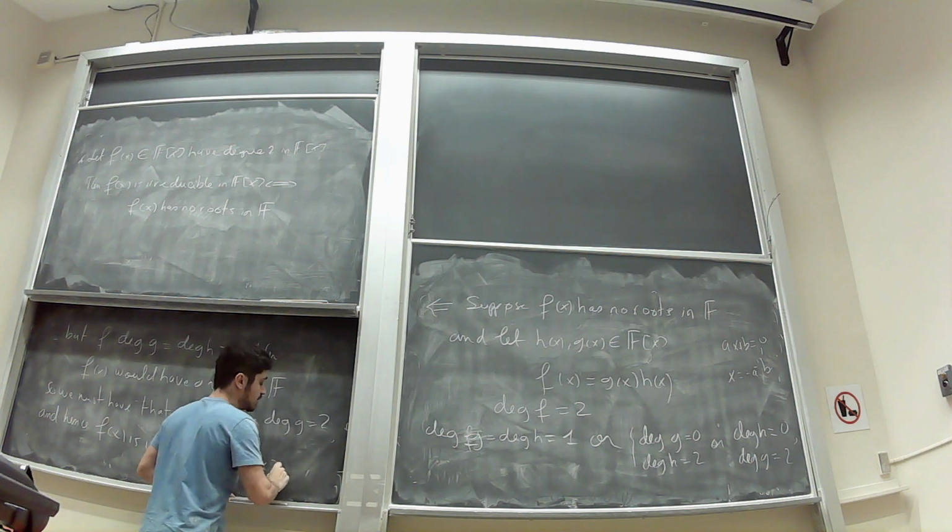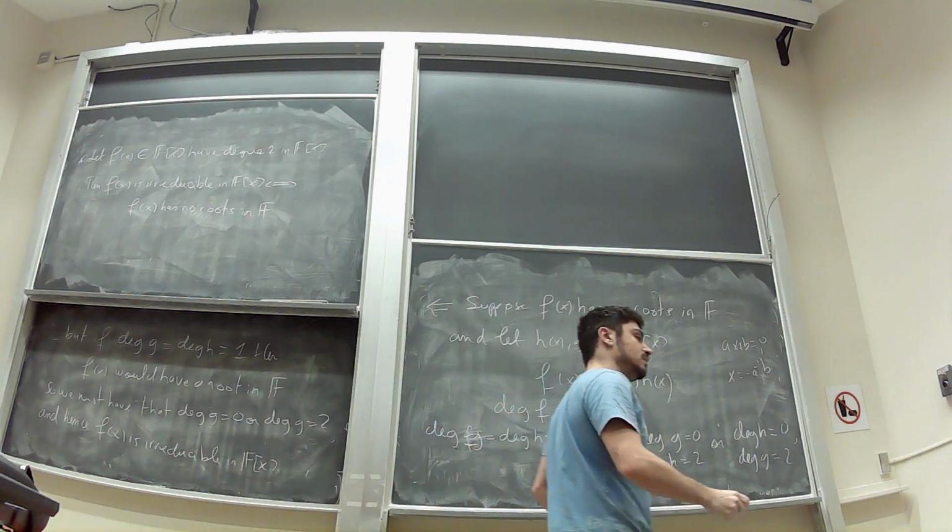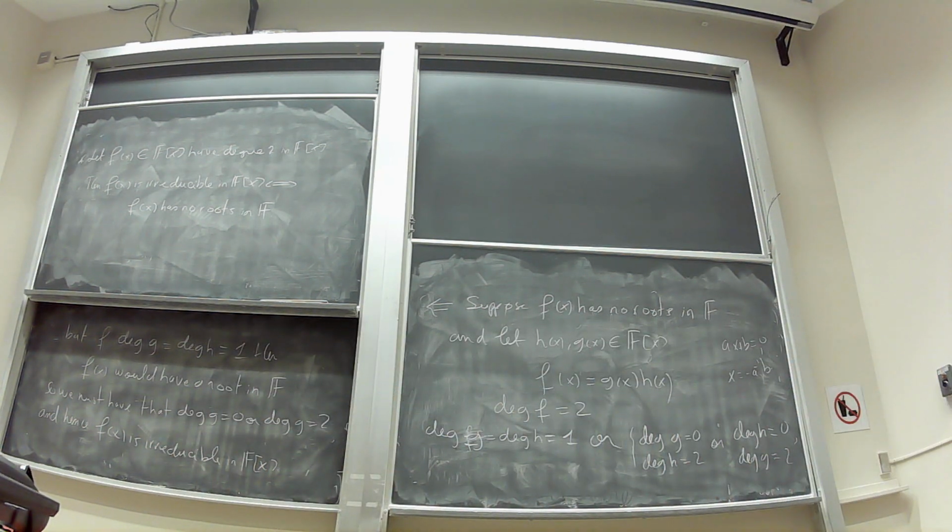So to check that a polynomial of degree 2 cannot be further factored in F[x], or is irreducible in F[x], it is sufficient and enough to show it has no roots.